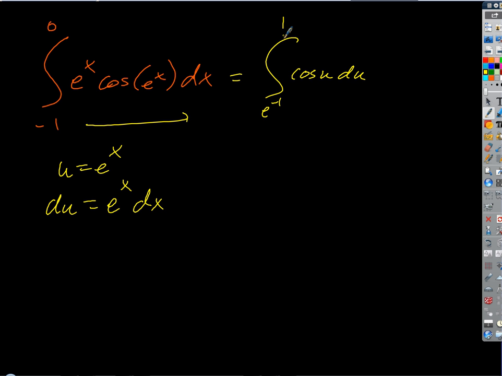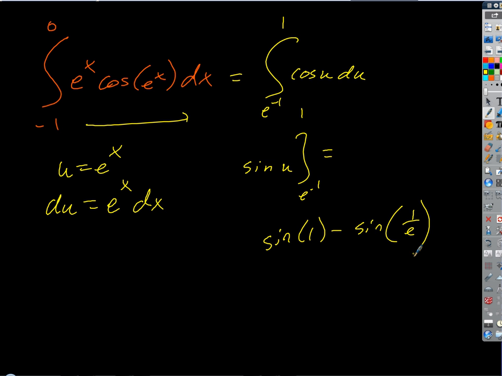I mean, it's not going to be a numerical answer, right? But the integral of cosine is sine. So we get sine u from e to the -1 to 1. So that's just going to be sine 1 minus sine of 1 over e. Whatever that is, that's just some answer. It's just a number.